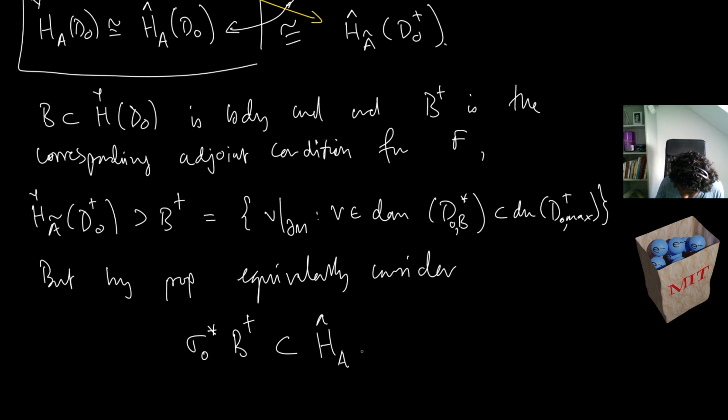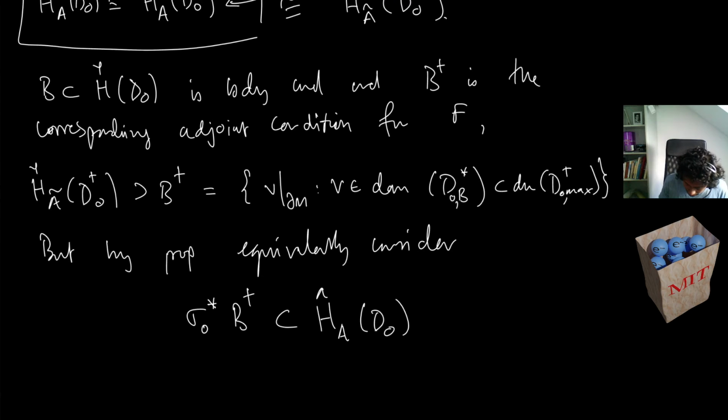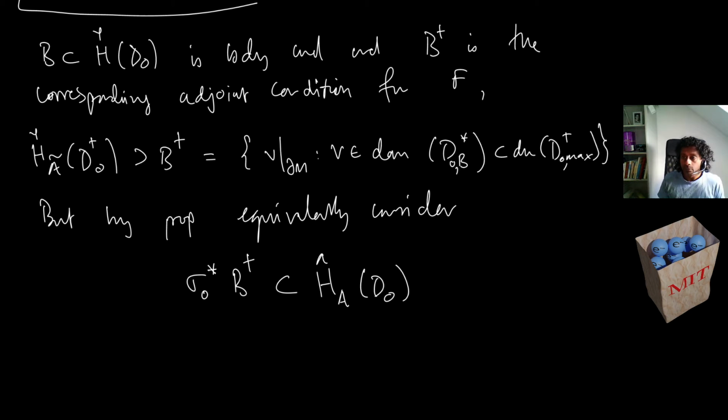This is now a subspace of D naught, right? But now everything here is on the bundle E. We don't need to actually consider two separate bundles. We can understand boundary conditions for the operator and the adjoint boundary conditions only by considering subspaces of E. Okay?